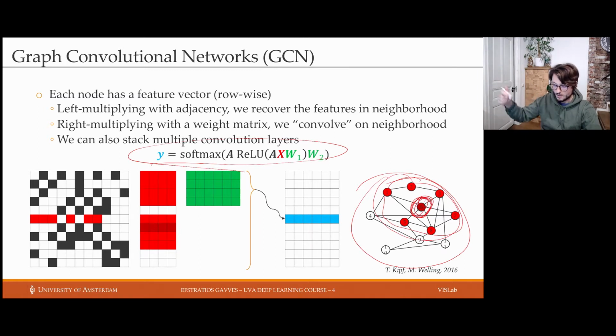So in the second layer, the feature of number 6 has already integrated features from the one-hop neighbors, and the one-hop neighbors have themselves features from their own one-hop neighbors. So the effective receptive field of the graph neural network expands in a similar way as for convolutional neural networks.